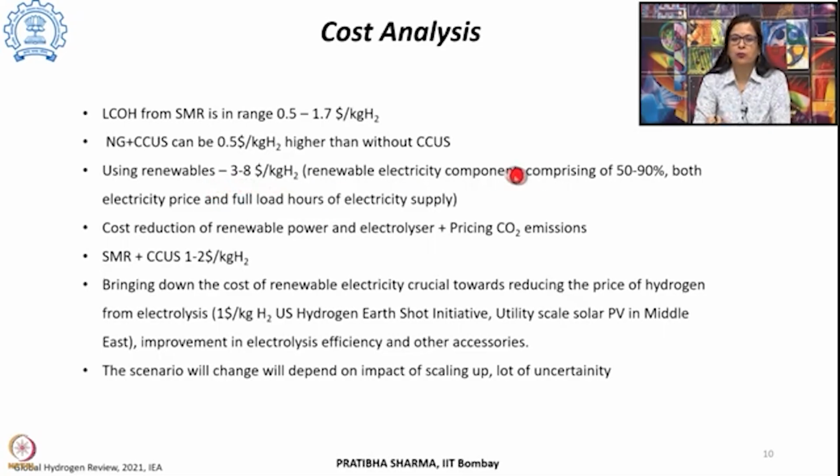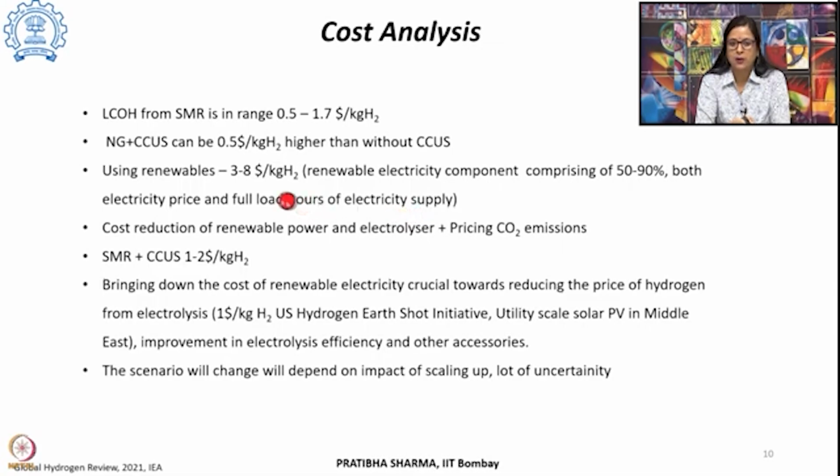And that depends on both the electricity price at which we are getting that power and the full load hours of electricity supply, for how long we can use that surplus electricity for producing hydrogen, or for how many hours the electrolyzer is running on the supply of that electricity.